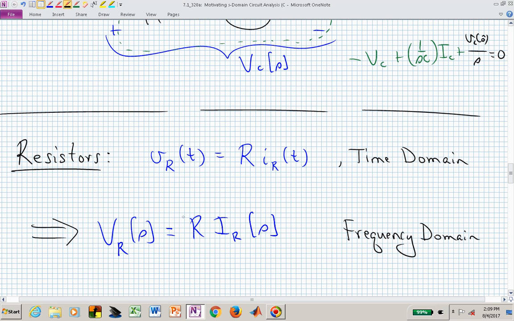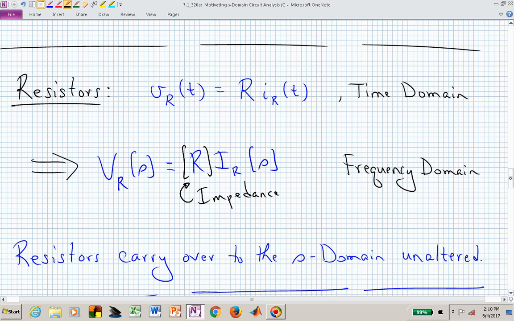Here is our impedance in the frequency domain, and actually we don't have to worry about introducing any sources.